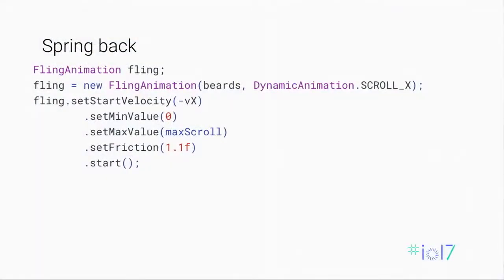Except this time, I'm going to call out the setMinValue and setMaxValue. These define the range of the animation, like we mentioned before. But this range ensures that the fling animation would end immediately upon reaching either end of the list. And that's when we can start the spring animation to then take over whatever momentum it has left.